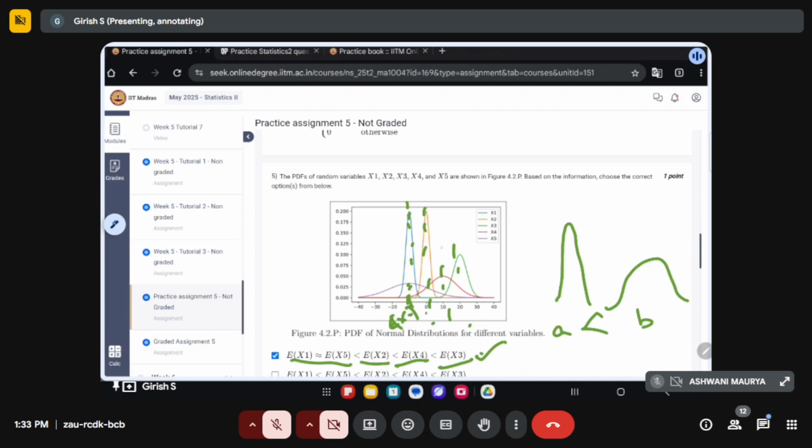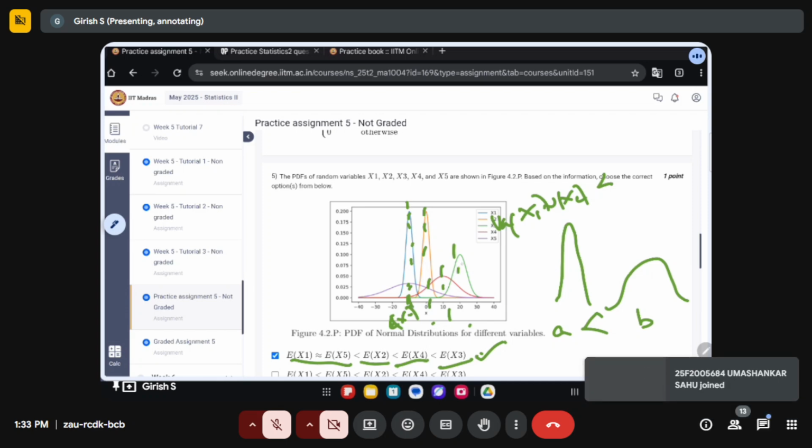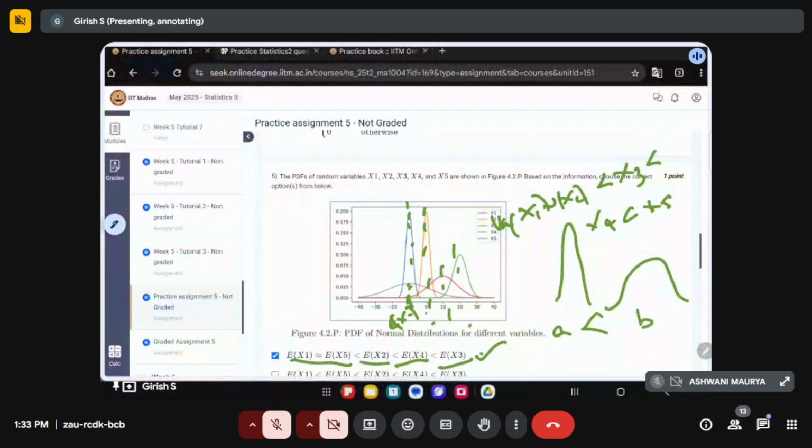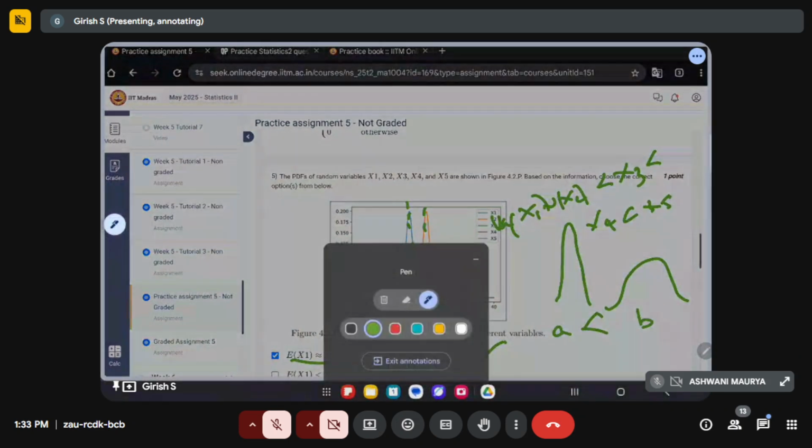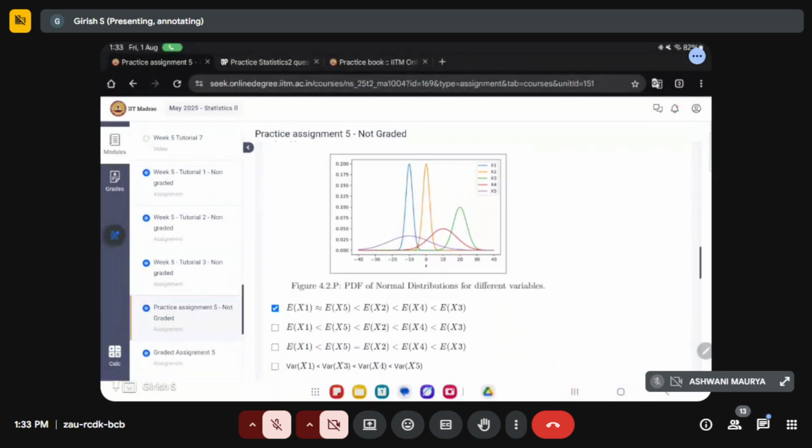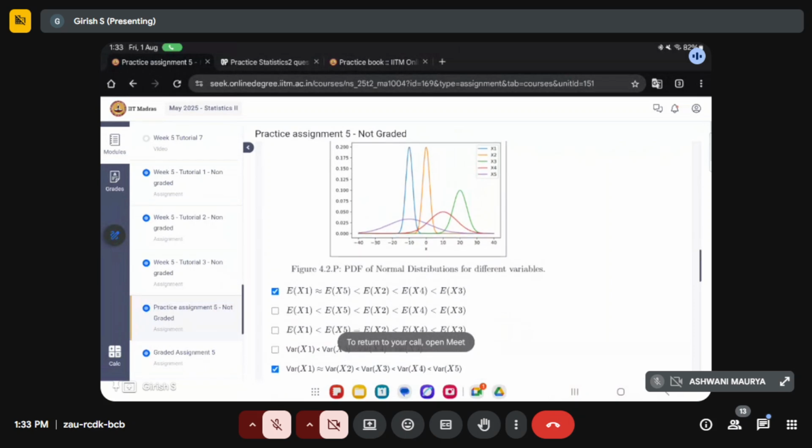So x1 and x2 will have nearly the same variance, and that is less than x3, that is less than x4, x5. X5 is varying much. You see? That is the answer, right?